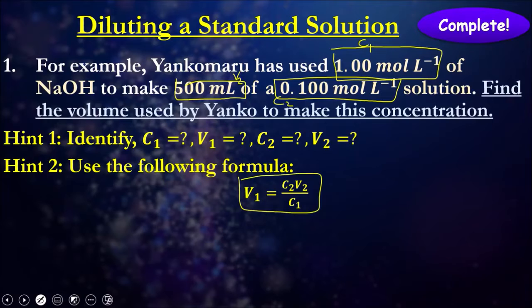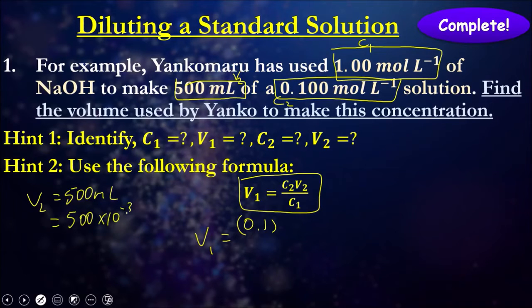What is V1? Now V1 is equal to C2, which is 0.1, times V2. I need to convert V2 from milliliters into liters. And I can write that as 500 times 10 to minus 3 or 0.5 liters. Means the same thing.